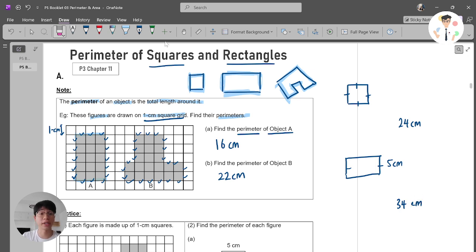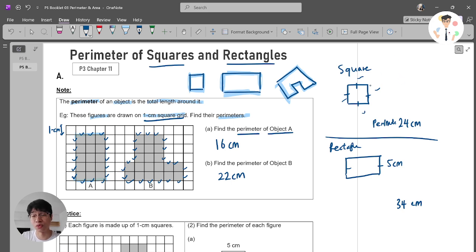So I will tell you, this is a square and this is the perimeter. Now, find me the side. For a square, it's still simple. We know that all 4 sides are the same. So what I can do to find the side is 24 divided by 4. Then you find out the answer is 6. So here is 6 cm.